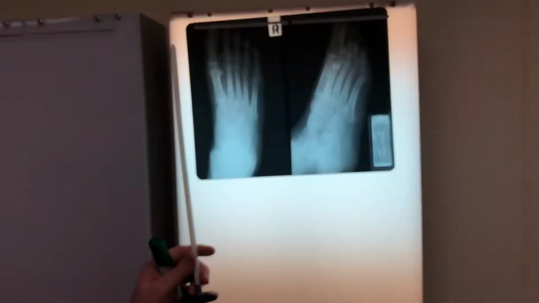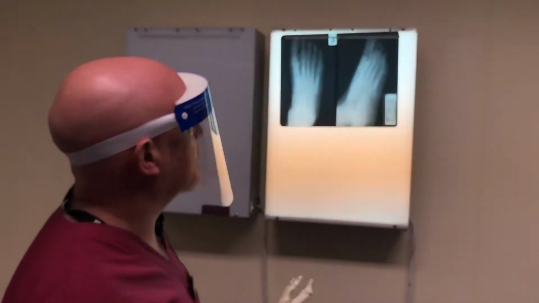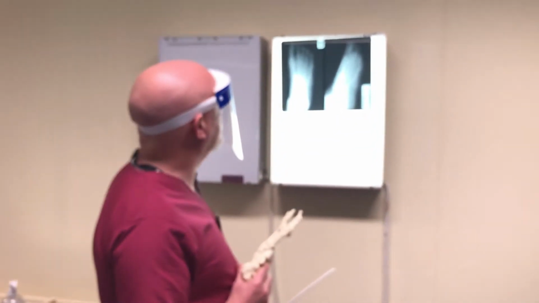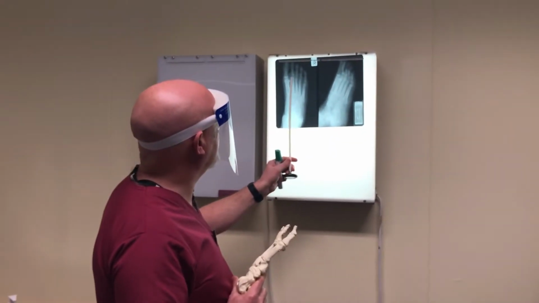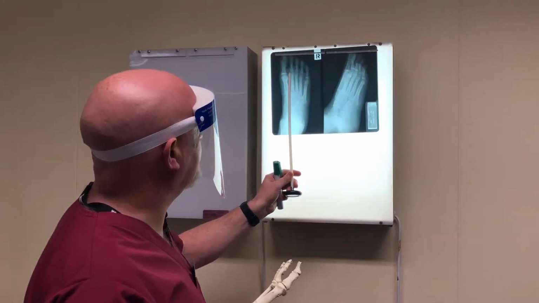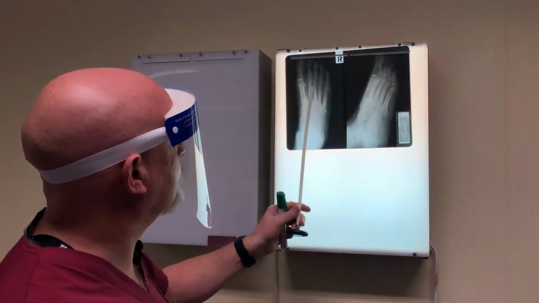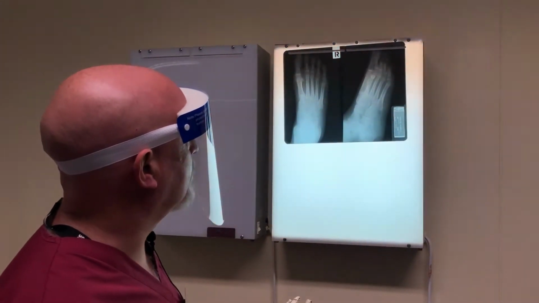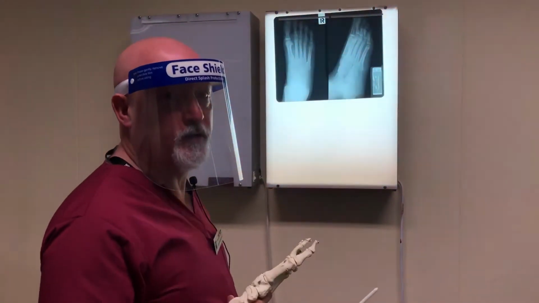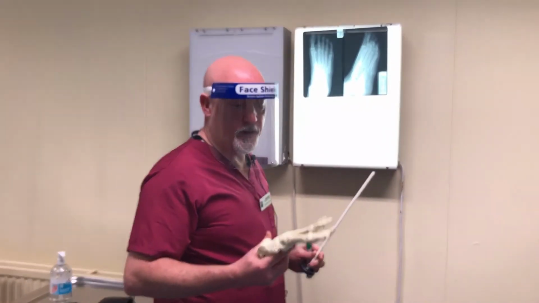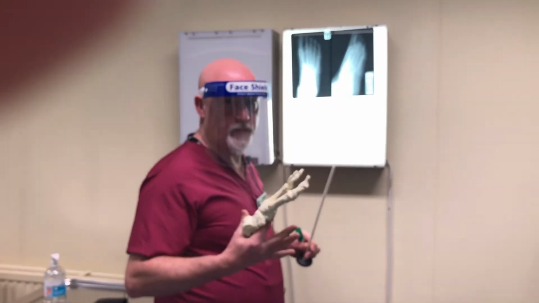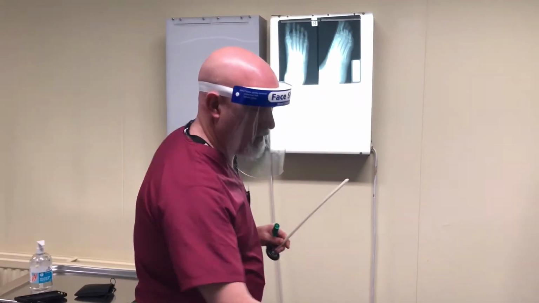We've looked at these images, we're quite happy that these look relatively normal. If anything, there may be just a very slight flattening of the metatarsal head on this one, given an unusual joint space, but not an awful lot. But this can be helpful in terms of maybe determining if there's something wrong, if somebody's got a pain in the foot.